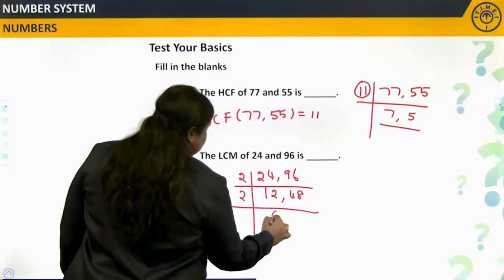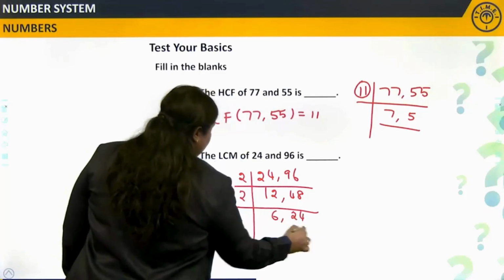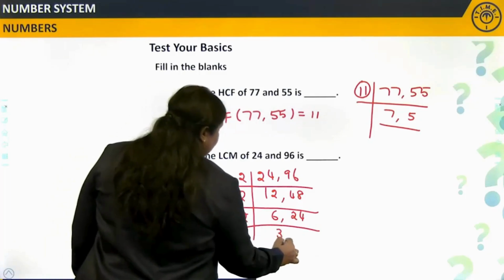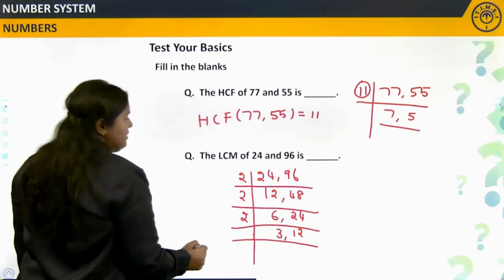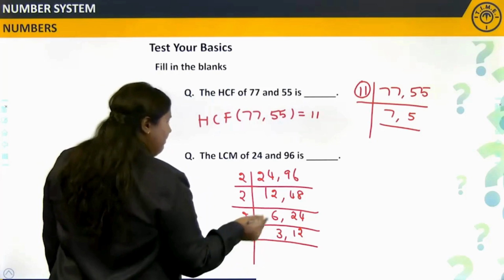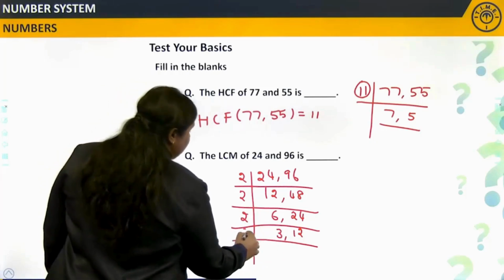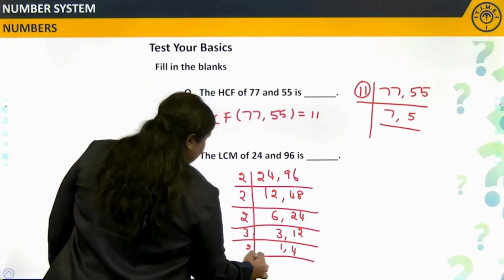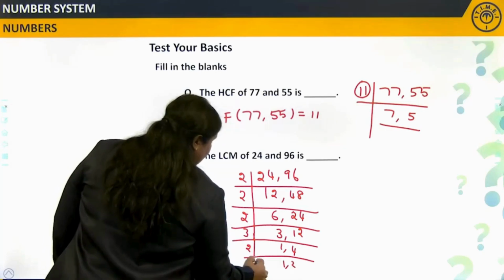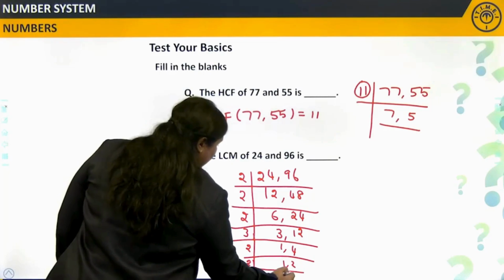Again 2. 6 2s are 12, 24 2s are 48. Again 2. 3 2s are 6, 12 2s are 24. Now, 3 is not divisible by 2, 12 is divisible by 2, but both are divisible by 3. So, 1, 4, right? So, again 2 we can do. 1, 2, and finally, if you divide by 2, you will get 1 comma 1.